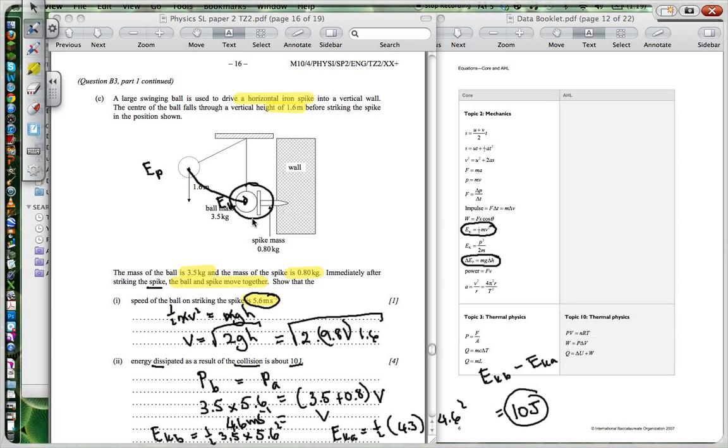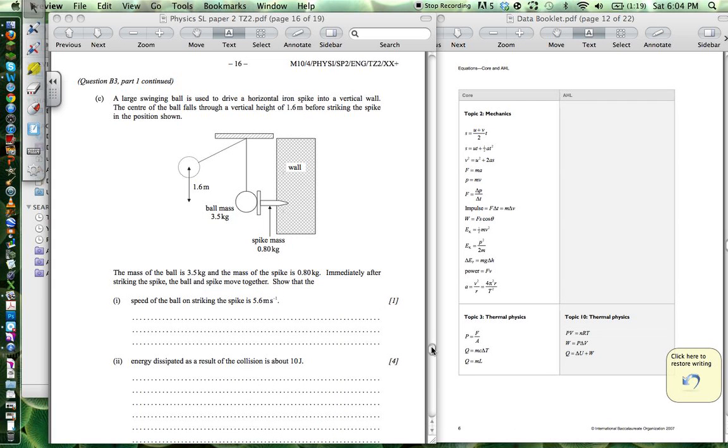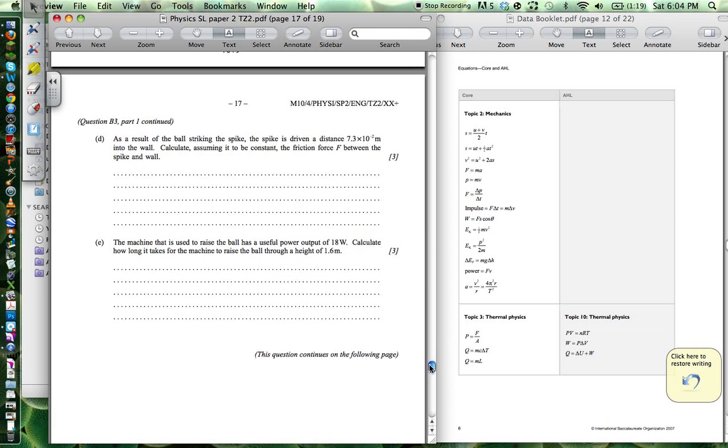Sometimes when energy is conserved, then you have what we call an elastic collision, and where energy is not conserved, as we have in this case, you have an inelastic collision. Okay, good, so we've got that done. Now let's just move on to the next point.